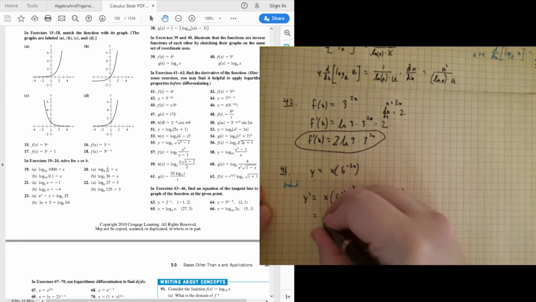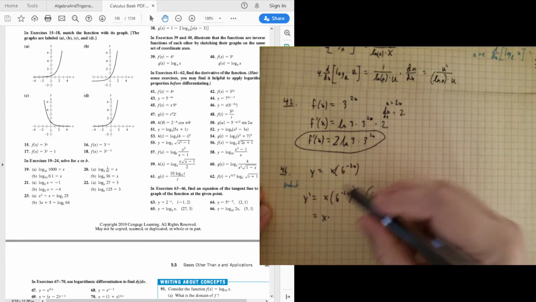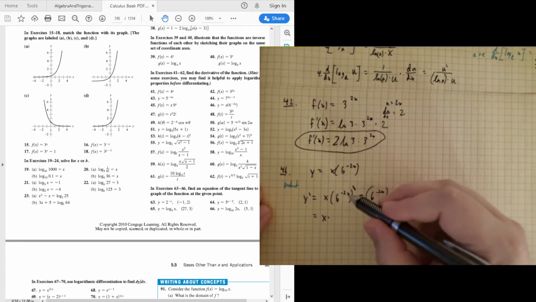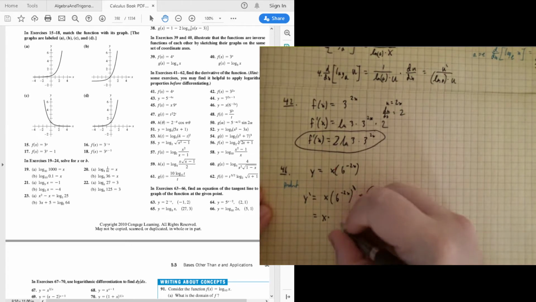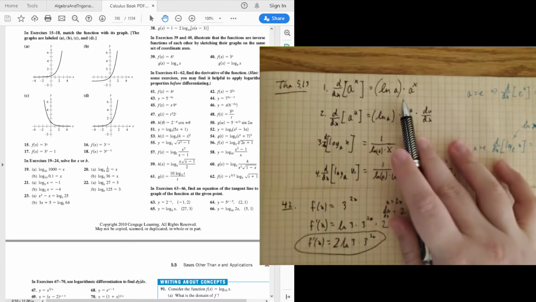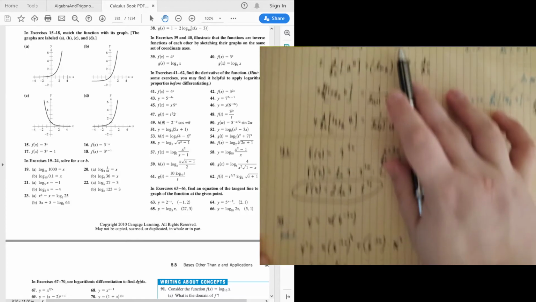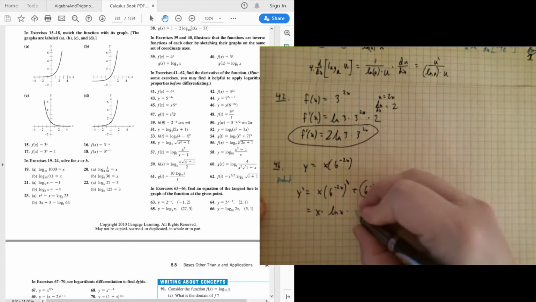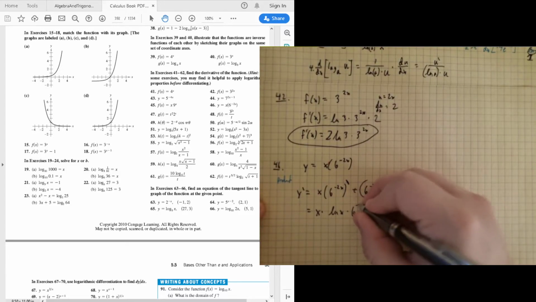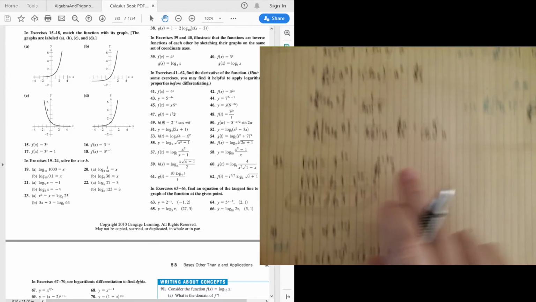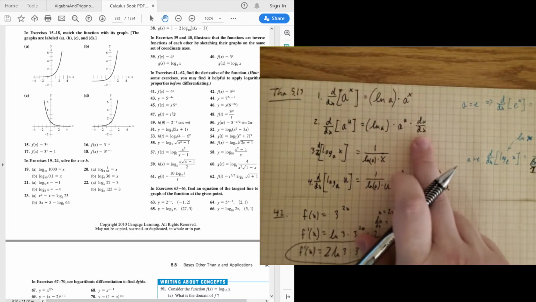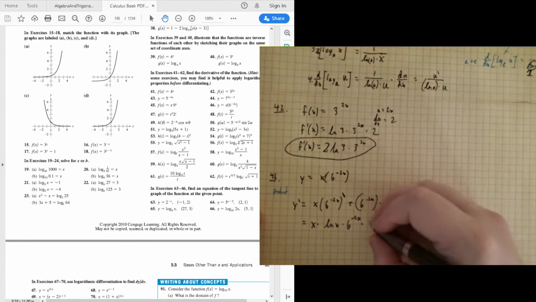So x would just be x, the derivative of 6 to the negative 2x power. Okay, that's a chain rule. So I would do ln of 6, using that first property up here, I would do ln of 6 times 6 to the negative 2x power times, using the second property here, u prime, which would be negative 2.